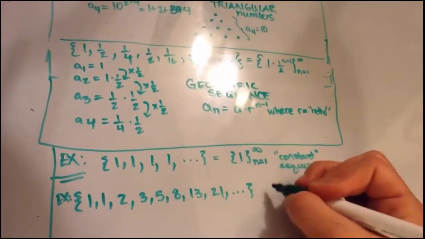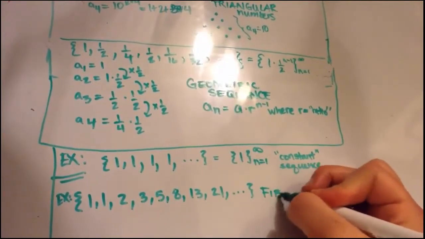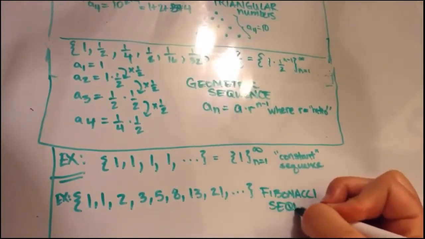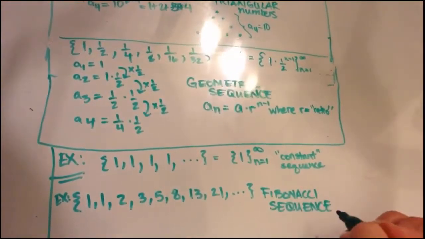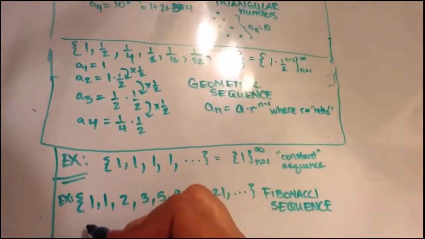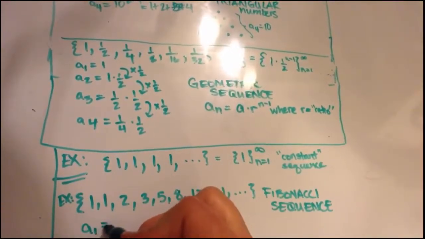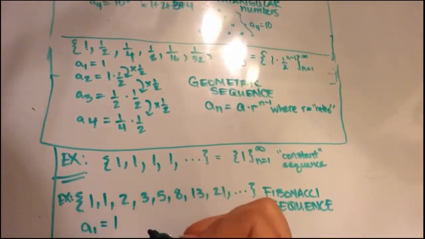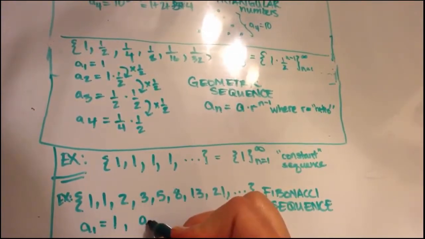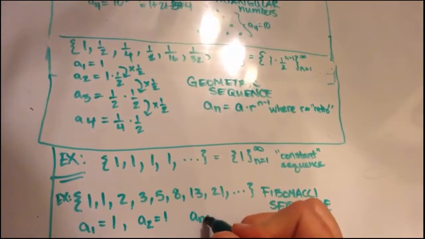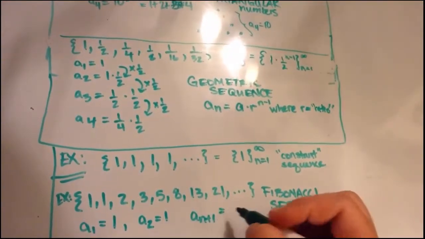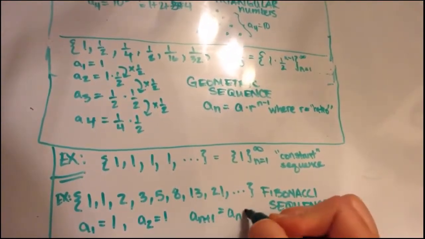This is the famous Fibonacci sequence. The Fibonacci numbers are a famous example of a recursive sequence. The way we typically describe the Fibonacci sequence is to say that the first term is 1, the second term is also 1, and then to get the next term, whatever term n plus 1 is, we add the previous 2.